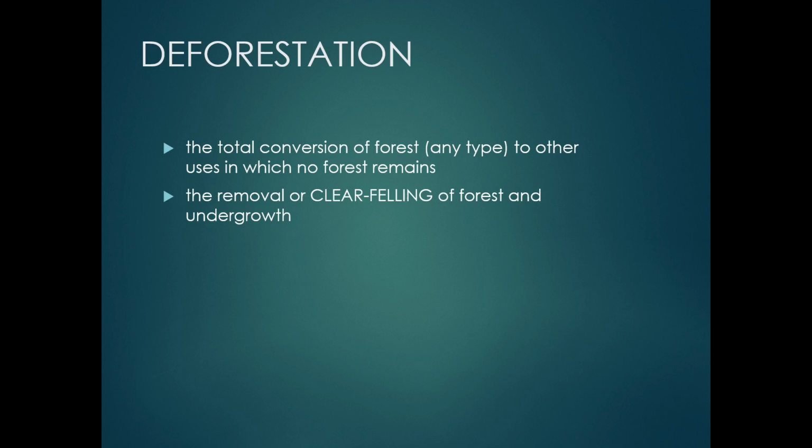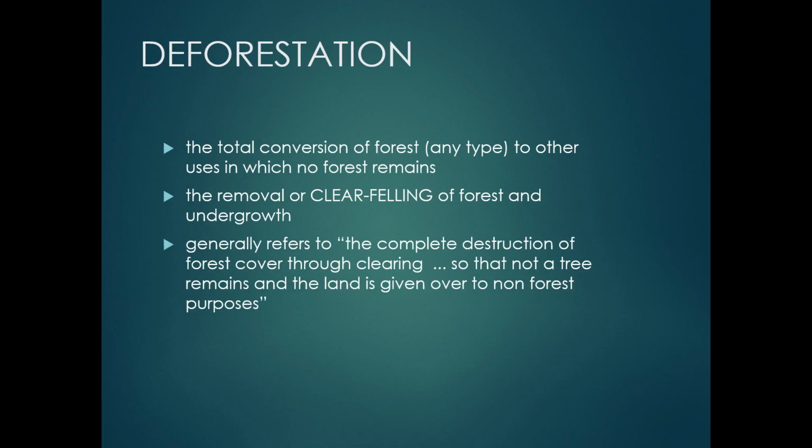Deforestation typically results in the entire land surface being cleared through one process or another. A quote that demonstrates this effectively is: the complete destruction of forest cover through clearing. So not a tree remains and the land is given over to non-forest purposes.